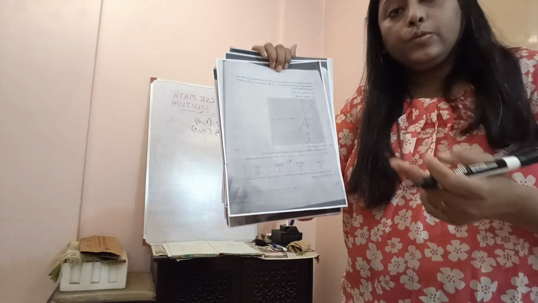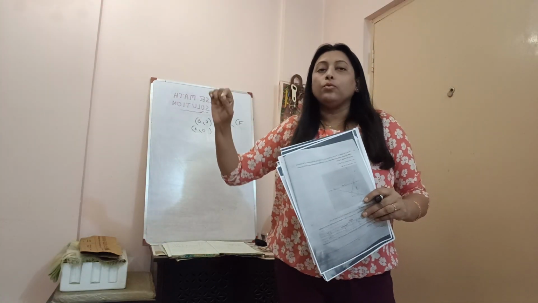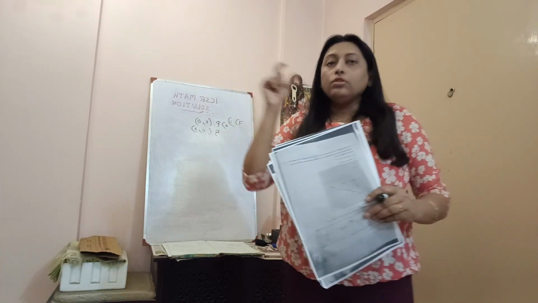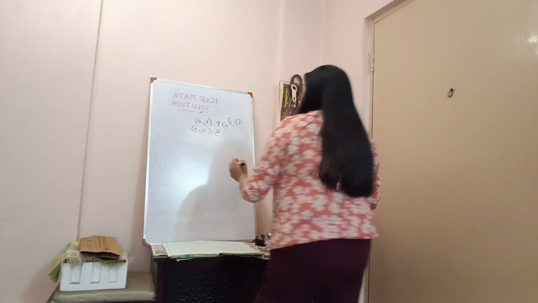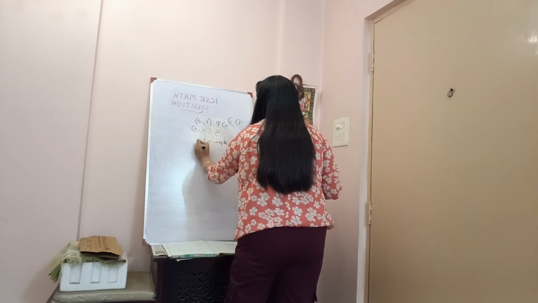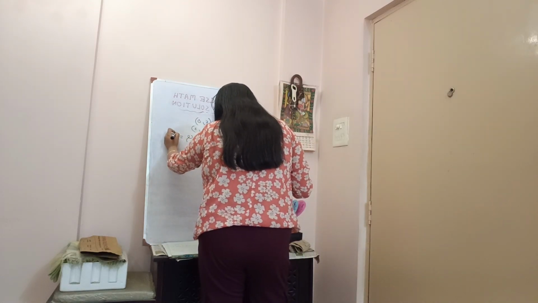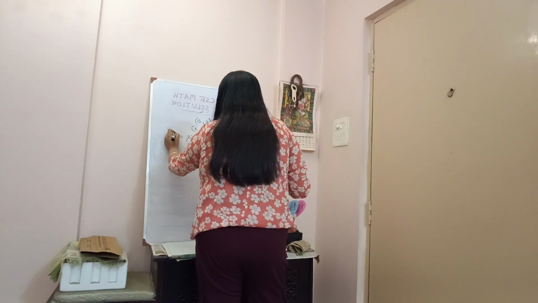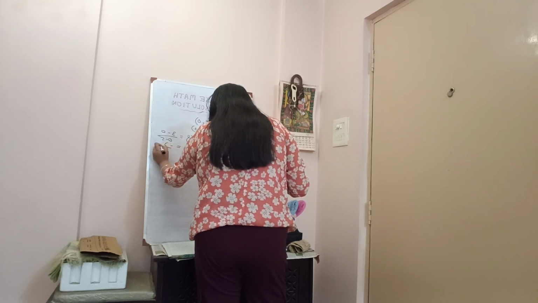Perpendicular to PQ means that the product of the slopes is equal to -1. First I will calculate the slope of PQ: y2 minus y1 divided by x2 minus x1, which is (3 minus 0) divided by (0 minus 5), that is minus 3 by 5.